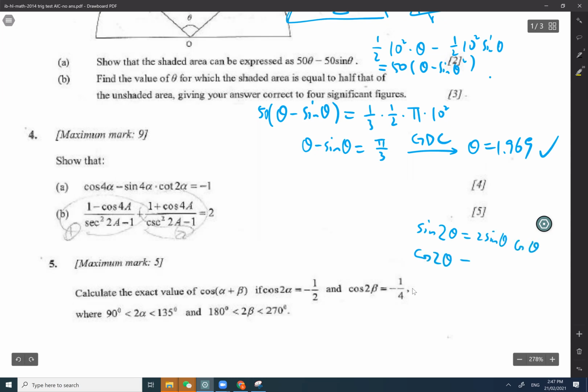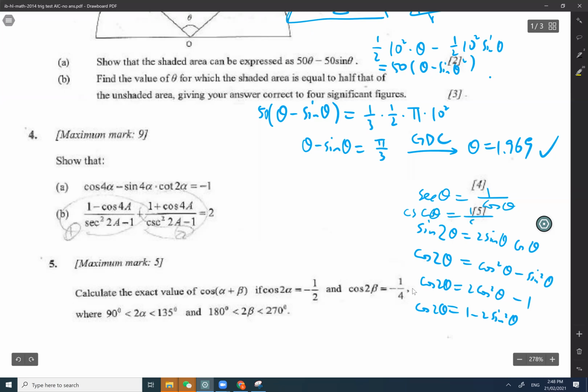Cos 2 theta, cos square theta minus sine square theta, 2 cos square theta minus 1, 1 minus 2 sine square theta. That's all cos 2 theta. And secant theta, 1 over cos. Cosecant theta, 1 over sine. Okay, number 4. Hurry up. You can do it and take picture send to me.